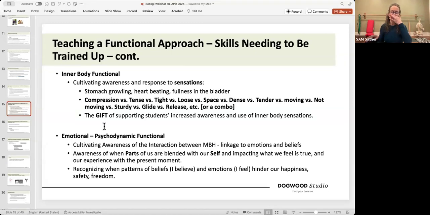Many of you may understand, even without training about parts, that we have these defense mechanisms that were established when we were very young, and they still pop up, and they're not bad things. They will be with us for this life at least, and maybe a next life. But they sometimes blend in with our being, and we can't see when they're separate, and they drive how we feel and how we behave and how we hurt.